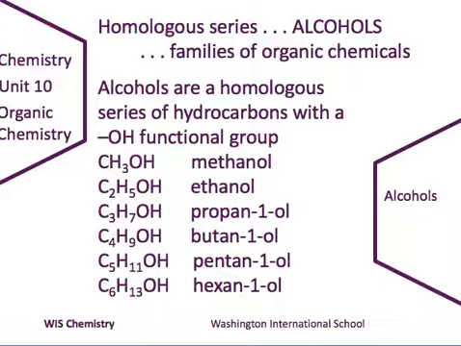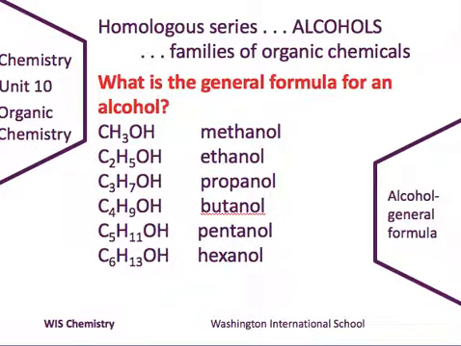With C3 and above, you can have the OH group attached to different carbon atoms, which will make isomers. That's why we've labelled those, where propan-1-ol has the OH group attached to the first carbon atom. And how can we write a general formula?